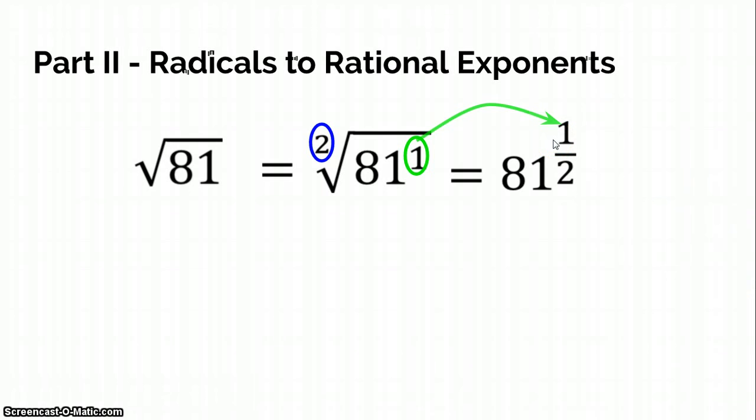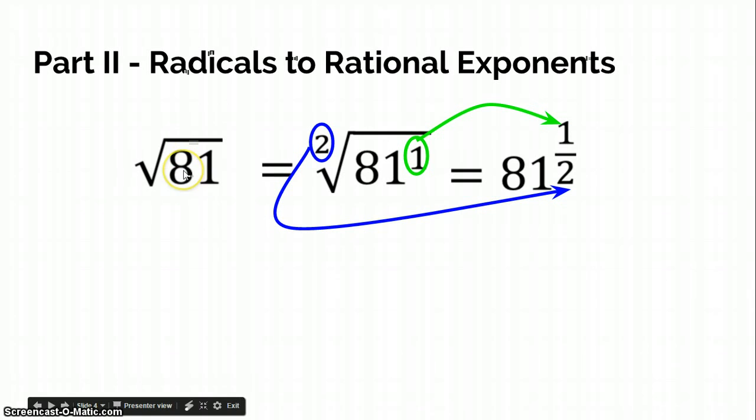That power goes up top, becomes the numerator, and that index scoots down to the bottom, becomes the denominator. So we go from the square root of 81, we rethink of that as the second root of 81 to the first power, so that we can easily translate this to 81 to the 1/2 power. And again, that's all it is. So try this practice problem.